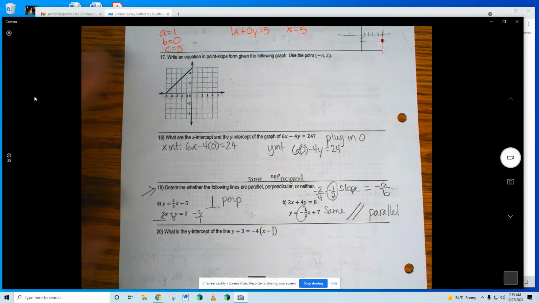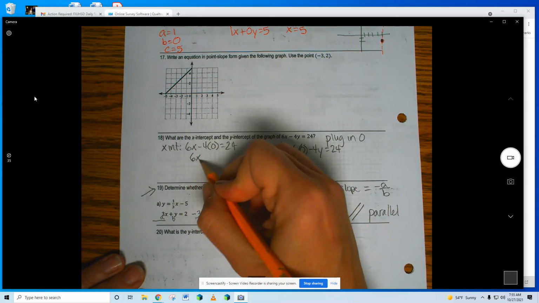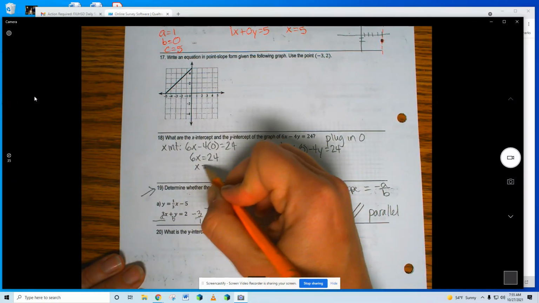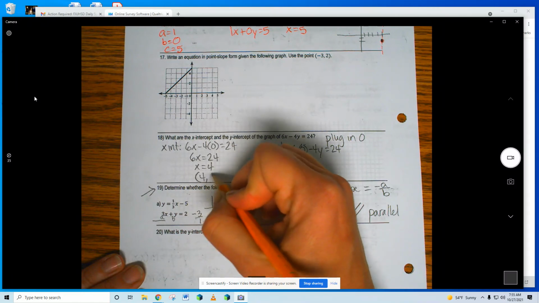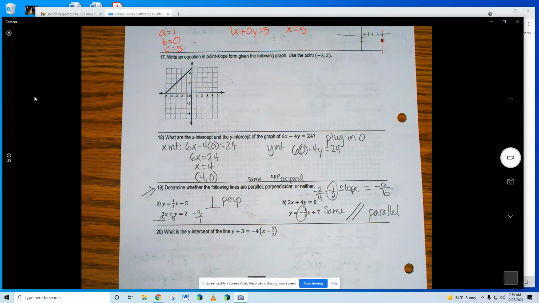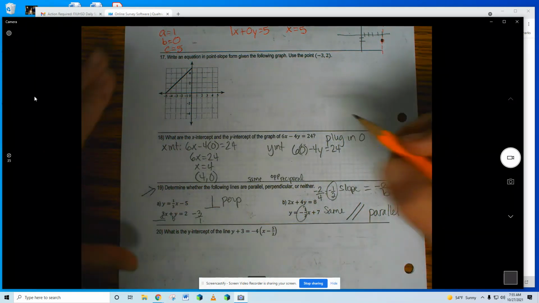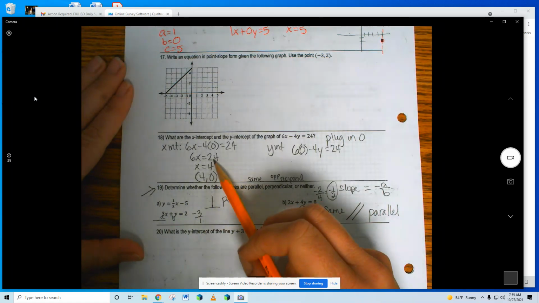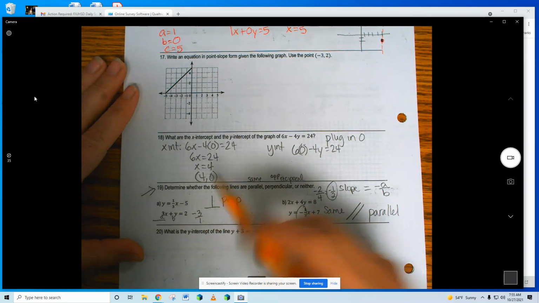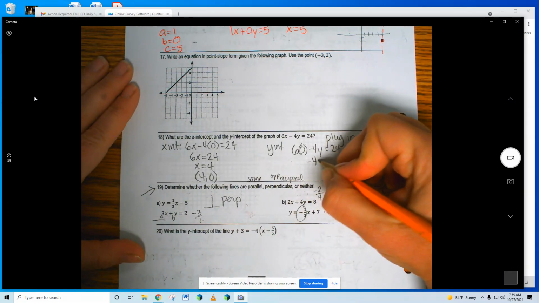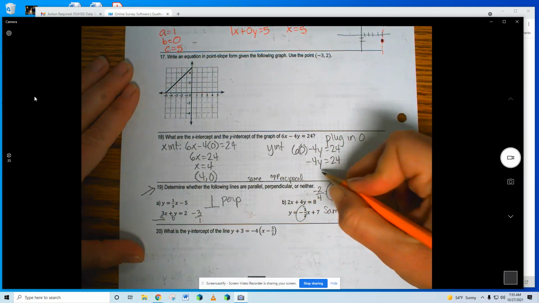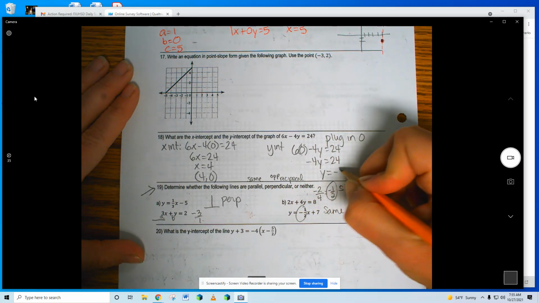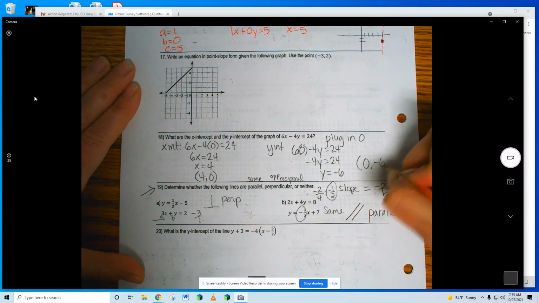Do you remember this? So I'm just solving for the variable that's still there. I ended up solving for x, and I got that x is 4. And then I ended up solving for y, and I got y was negative 6.